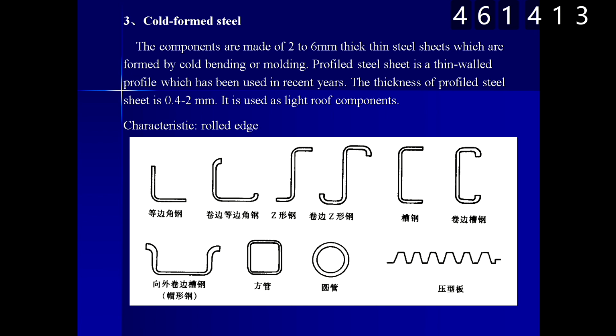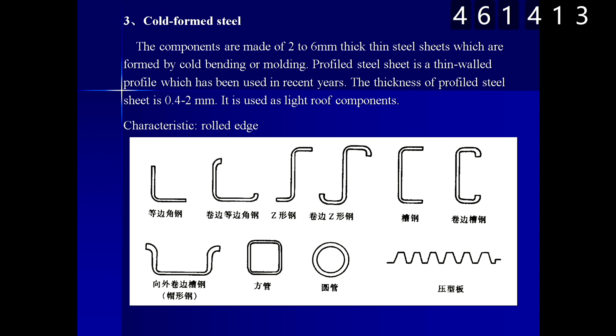Some cold formed steel we can divide as normally made of 2 to 6 millimeter thick steel sheets, which are formed by cold bending and molding. Profile steel sheet is a thin-walled profile which has been used in recent years.